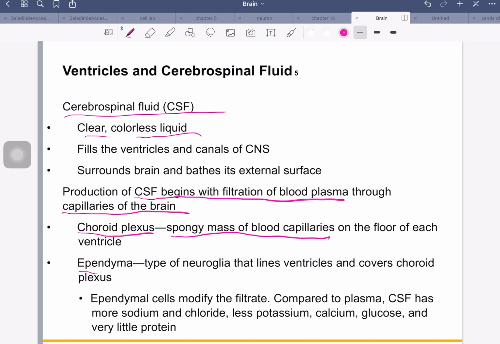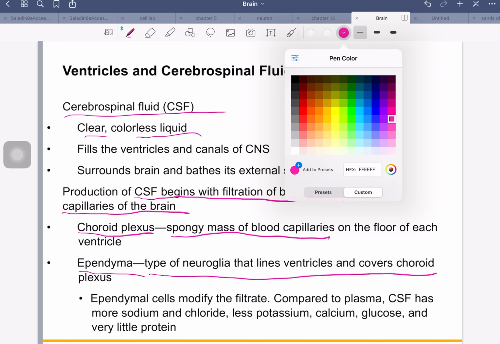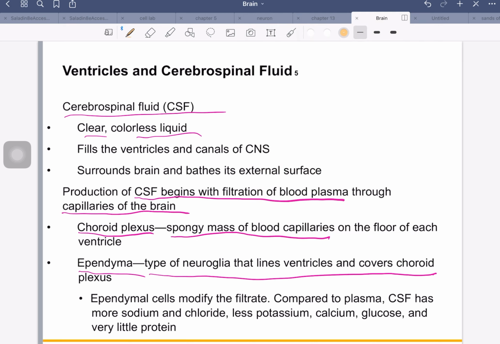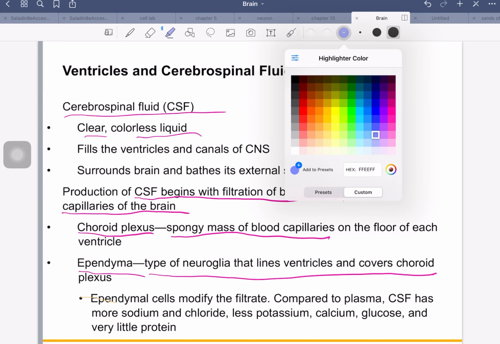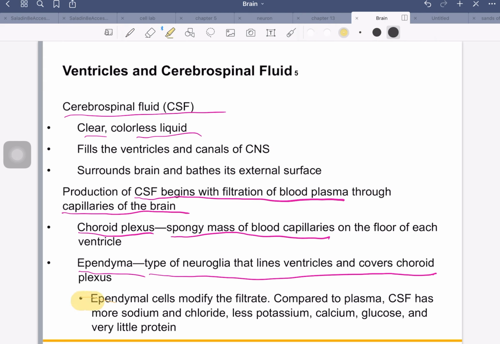There's also the ependyma. Remember, they're the type of neuroglial that lines the ventricles, and they cover the choroid plexus. Now, what's their job? What they really are involved in is that they help to modify the filtrate.